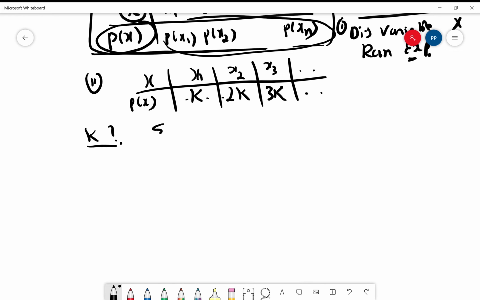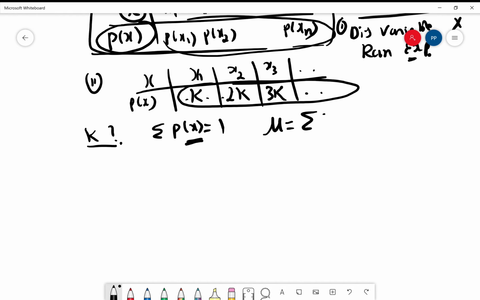So in that case you have to use this result to find out k, that is this sum must be equal to 1, sigma p of x equals 1. From that we determine k. Then you have to find out the mean, which is nothing but sigma x into p of x. That means after finding k, substitute here, then multiply this with this, this with this, this with this, this with this, and take the sum.